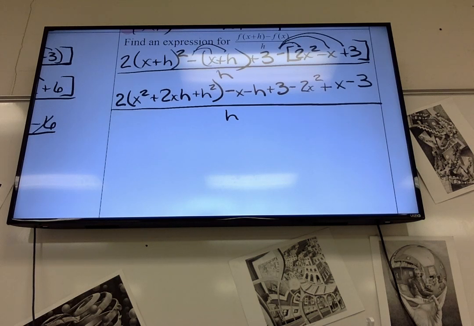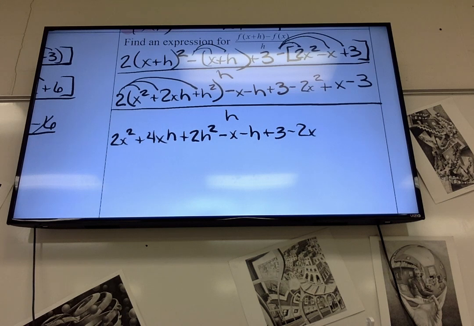That's a big deal. Okay. Then distribute this 2. So that's 2x squared plus 4xh plus 2h squared, and then everything else I'm just going to copy down. I'm not changing anything else yet.